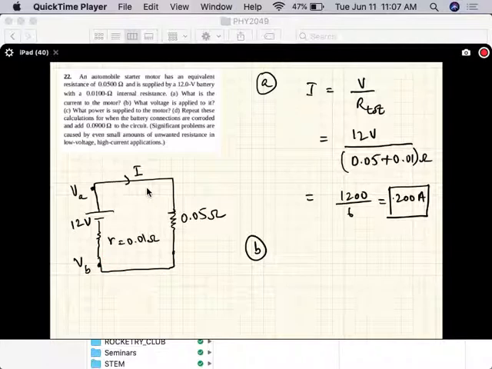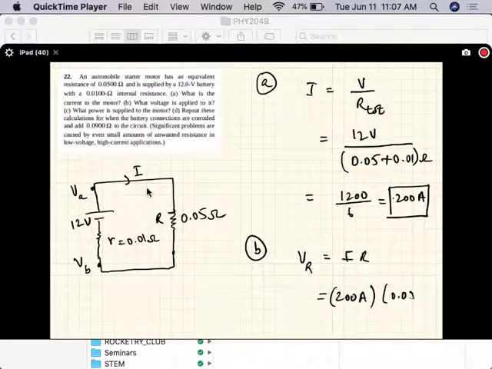VA minus VB is the voltage across this load, and the voltage across this load is just I times this R. So the voltage across R, the current is 200 amps times 0.05 ohms, and that's 10 volts.